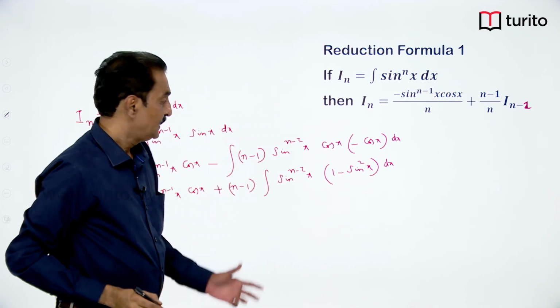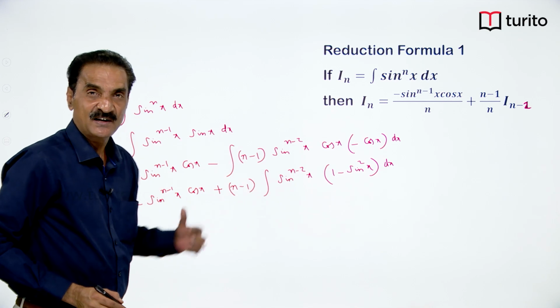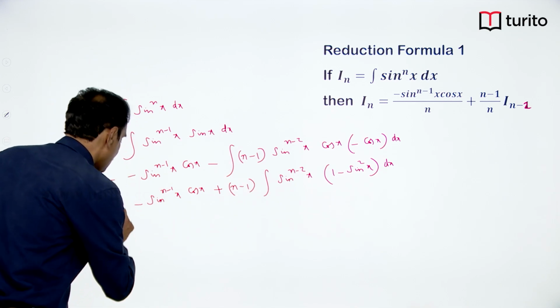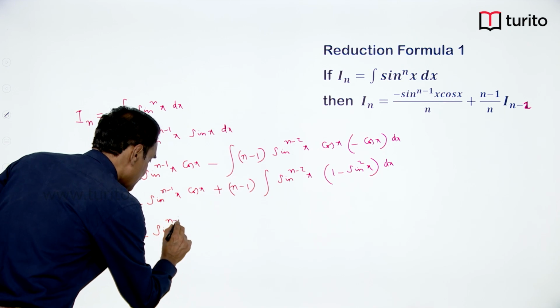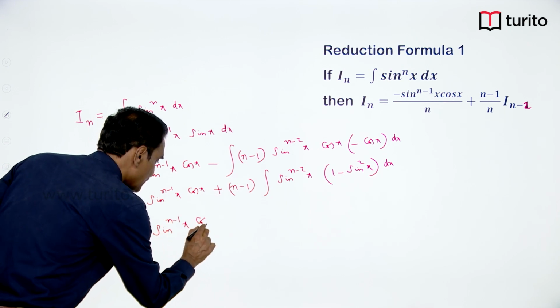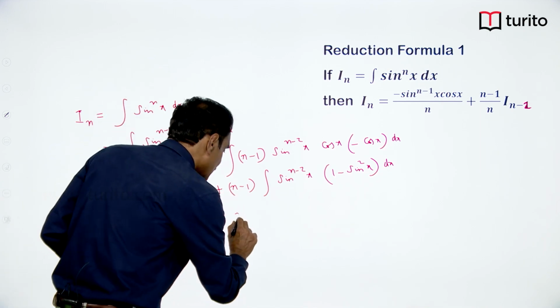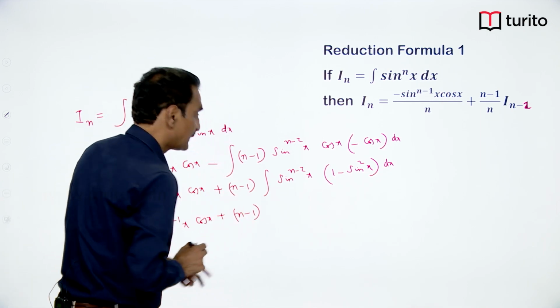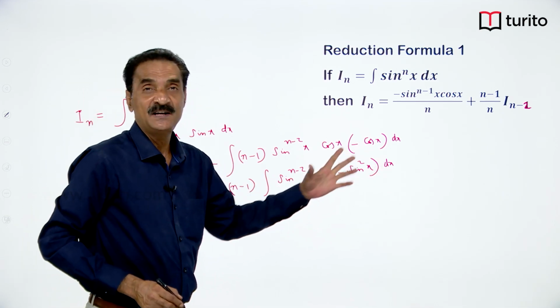Okay. Now, if you multiply by sin^(n-2)x inside, you will get minus sin^(n-1)x cos x plus (n-1) into integral sin^(n-2)x into 1 dx.